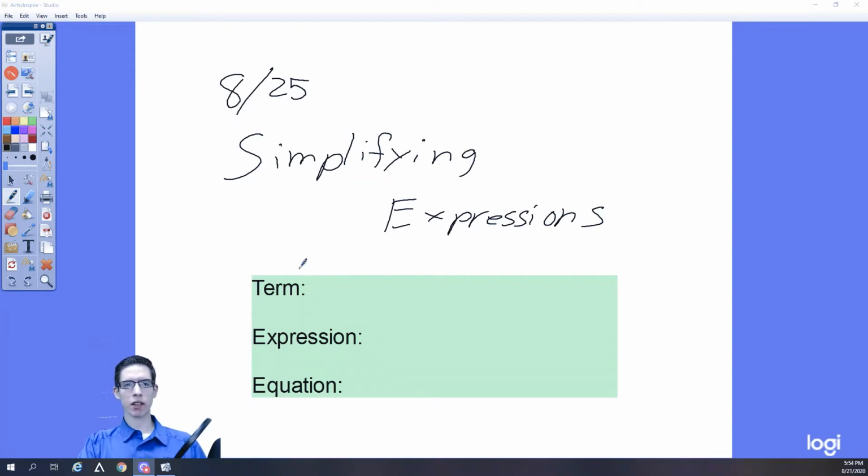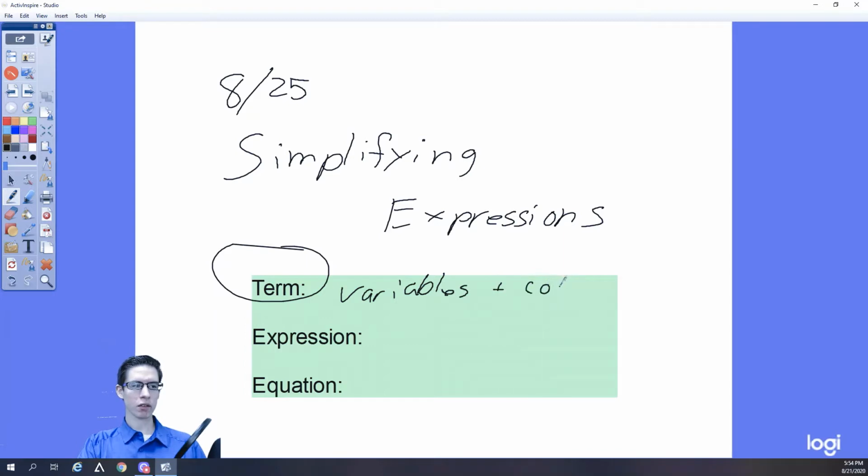First, we want to look at what a term is. A term is what I'm going to describe as a collection of variables and coefficients. And there's going to be several of these that we're going to see on the next page.